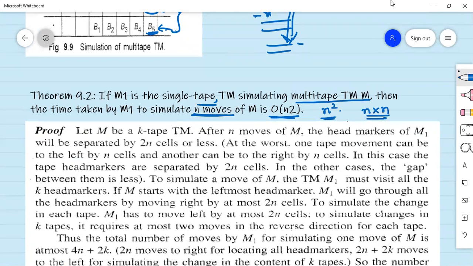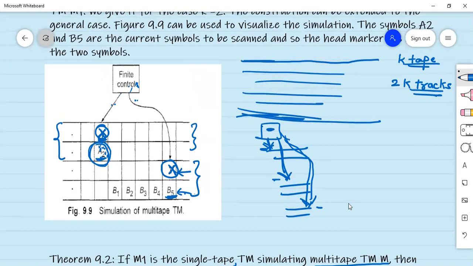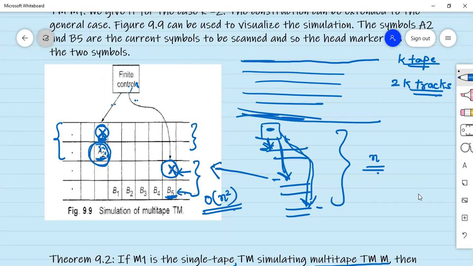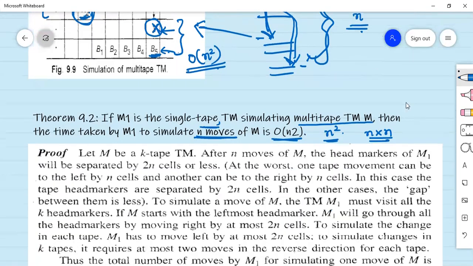I hope the question is clear. I'll repeat it. If I have to do n moves for this multi-tape Turing machine, when I simulate it using a single tape Turing machine, it will take me O of n square moves to achieve the same thing I would do using a multi-tape Turing machine. I hope this is clear.